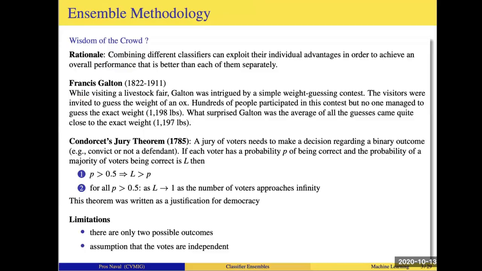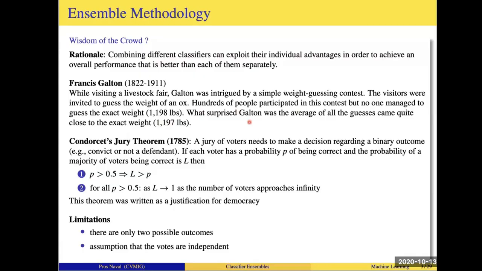While visiting a livestock fair, Galton was intrigued by a simple weight guessing contest. The visitors were invited to guess the weight of an ox. Hundreds of people participated in this contest, but no one managed to guess the exact weight, which was 1,198 pounds.